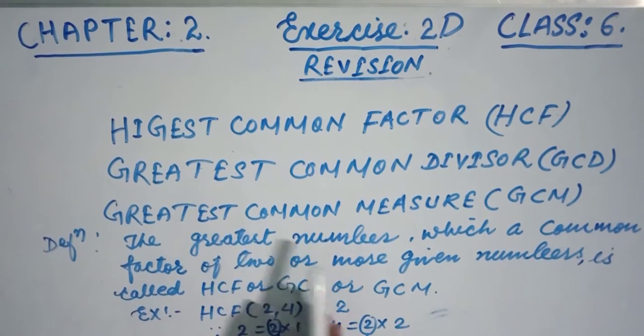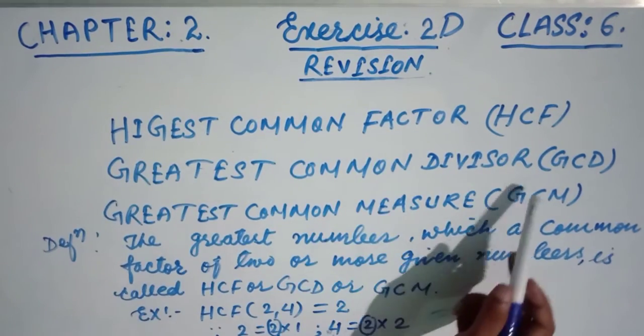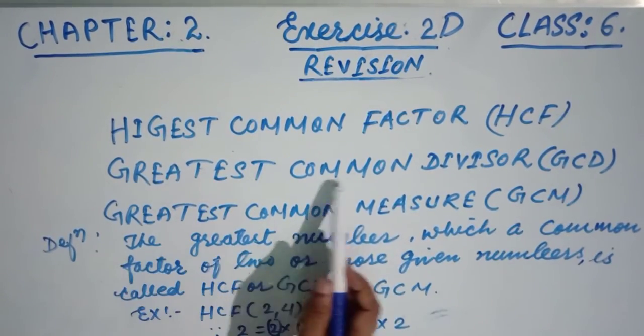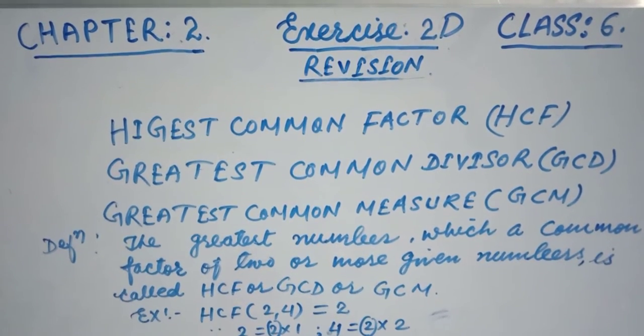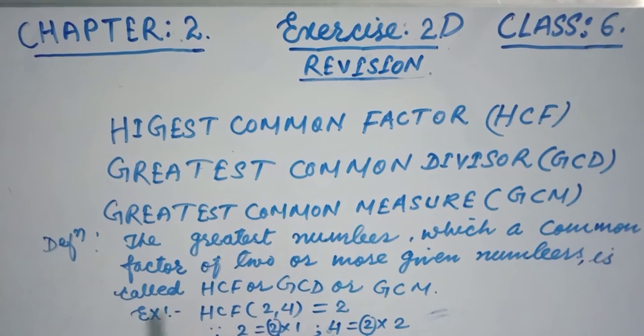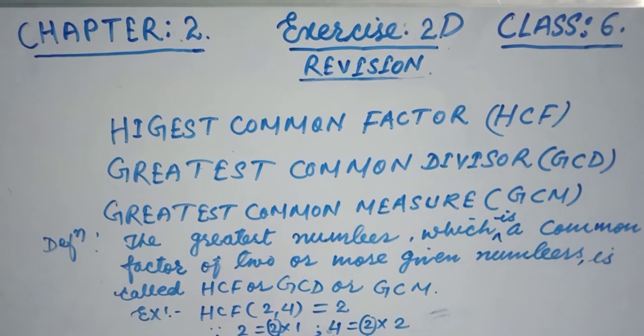In short form, HCF stands for highest common factor, GCD stands for greatest common divisor, GCM stands for greatest common measure. So what is the definition? Simple friends, the greatest number which is a common factor of 2 or more given numbers is called HCF or GCD or GCM.